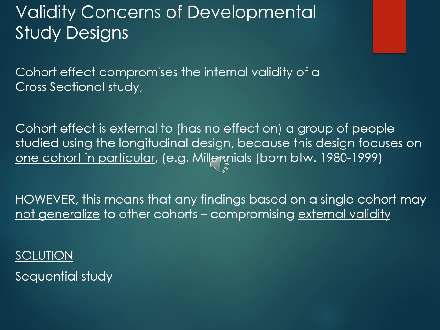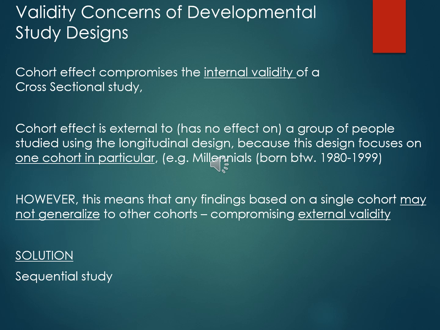As we already talked about in cross-sectional study, cohort effect compromises internal validity of cross-sectional study because cohort is confounded with the development. However, in longitudinal study, cohort is external to the specific group of people that you're looking at, namely, you're observing only one cohort.